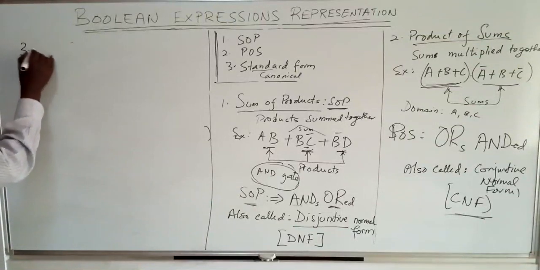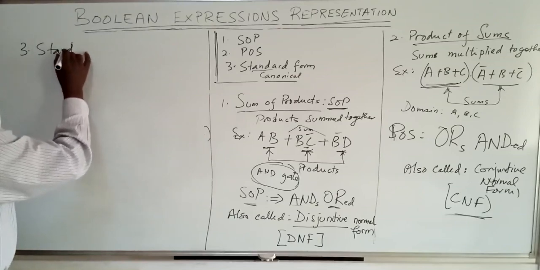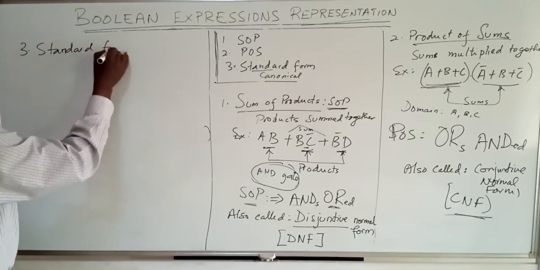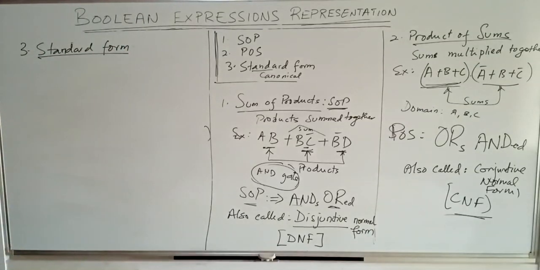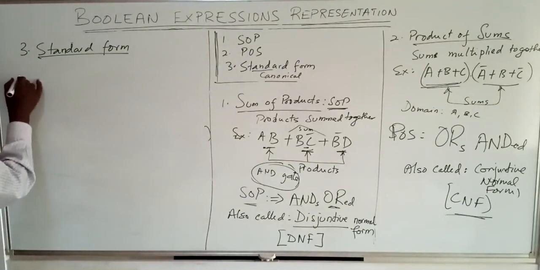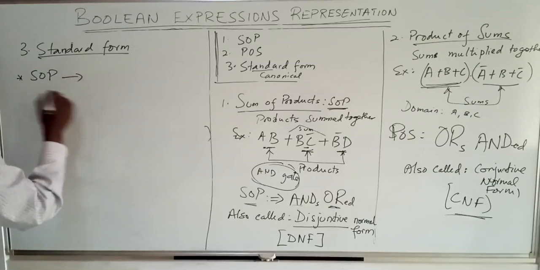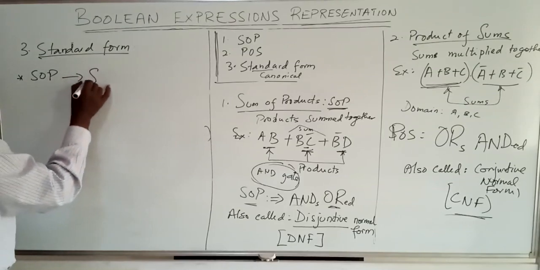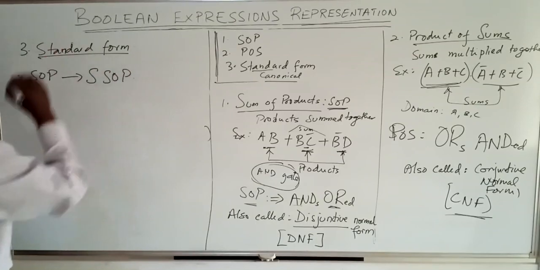Now, what is the standard form? Standard form of representation. The sum of product and the product of sums can be represented in the standard form. If we take the first one, sum of product, we have to represent it in a standard form, sum of product.